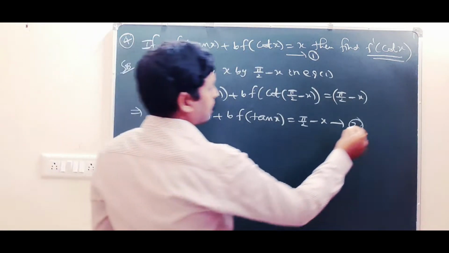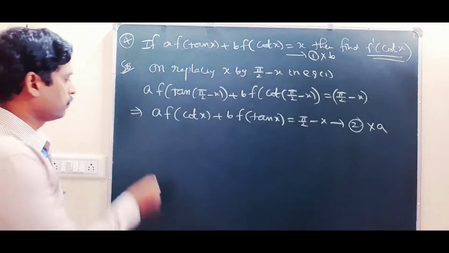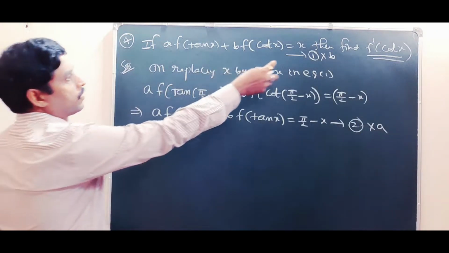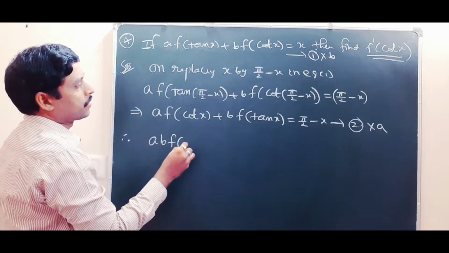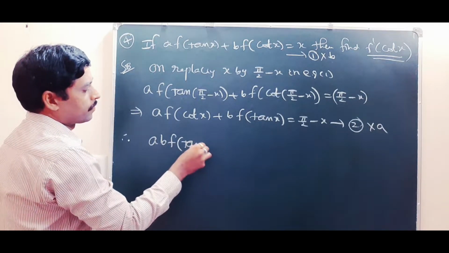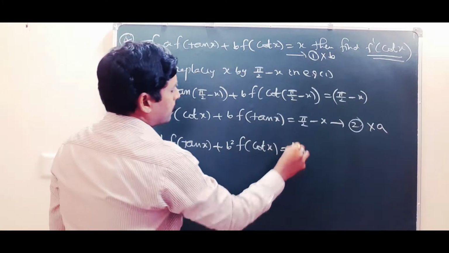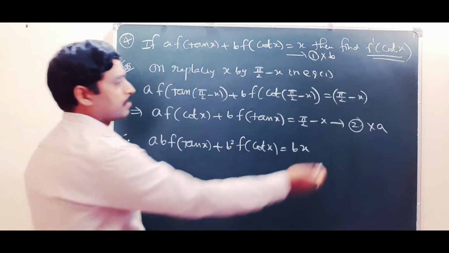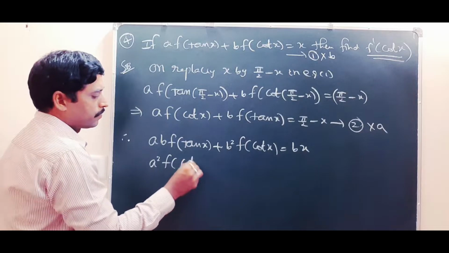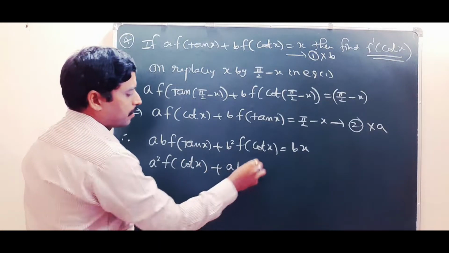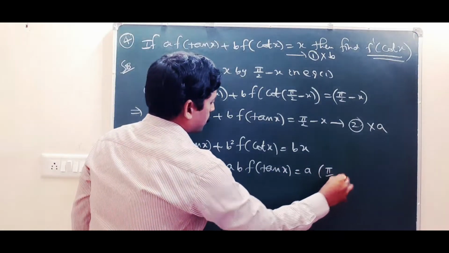Okay, second equation multiplied by a and first equation multiplied by b. So first equation multiplied by b will be ab into f of tan x plus b square into f of cot x equal to bx. Second equation multiplied by a will be a square f of cot x plus ab f of tan x equal to a times pi by 2 minus x.